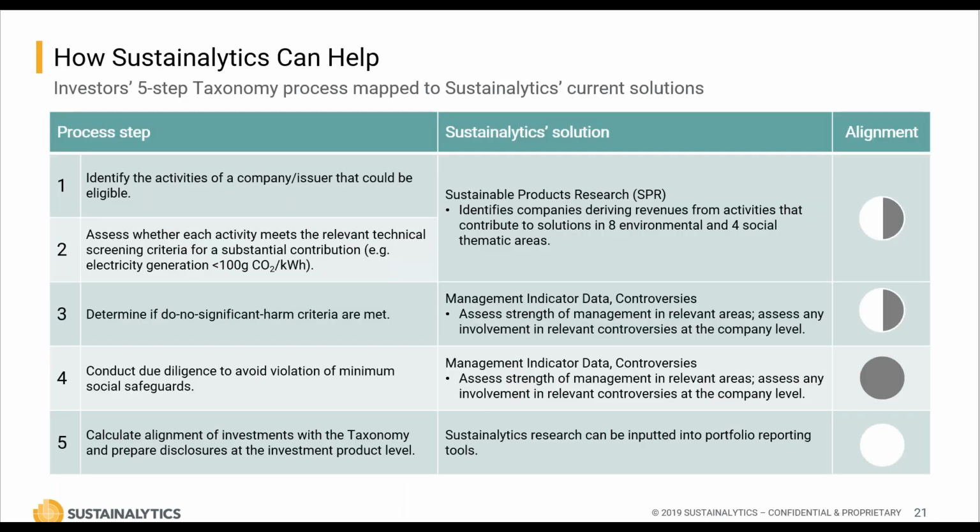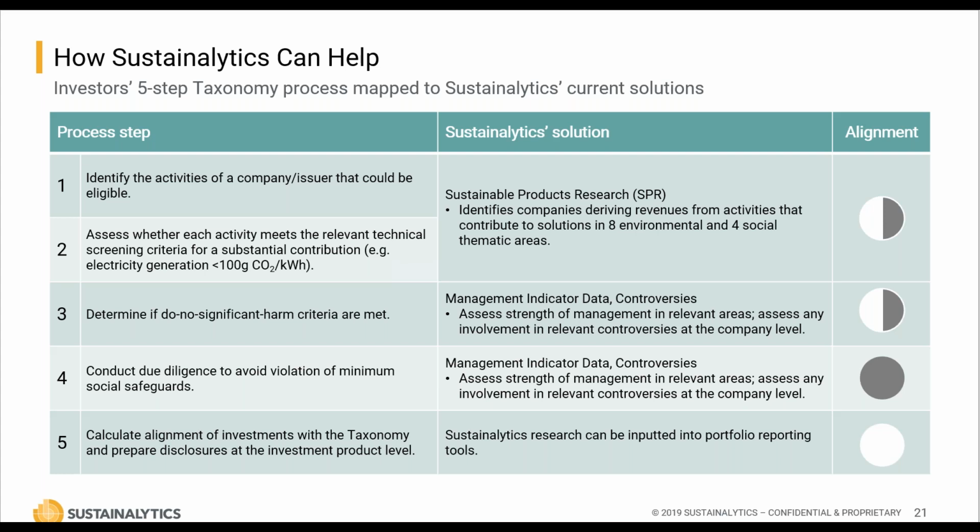So this slide illustrates how our research can support the 5-step assessment process outlined in the taxonomy report. So the first step, as you can see, is to identify a company's activities that fall within any of the taxonomy categories, and then secondly, to determine which of them meet the technical screening criteria.